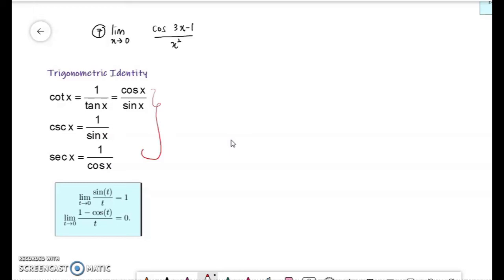So what you can do is, because we have a minus sign here, we can solve it by using the conjugate. Write it down first: the limit as x approaches 0 of cosine 3x minus 1 over x squared, times cos 3x plus 1 over cos 3x plus 1.